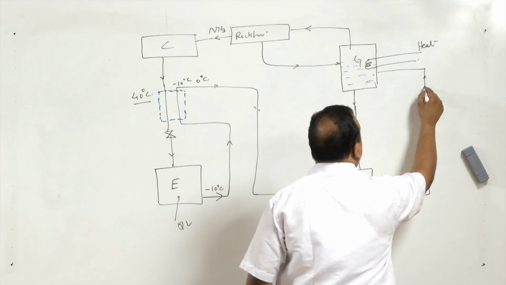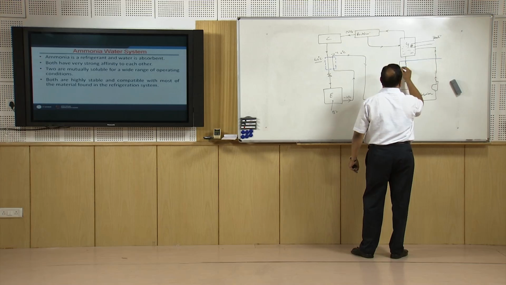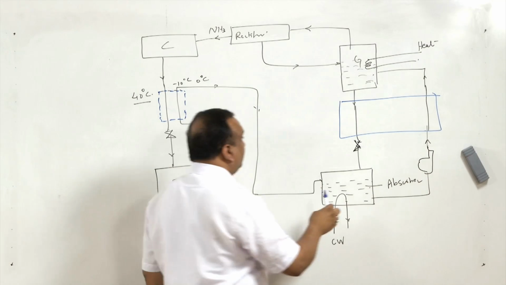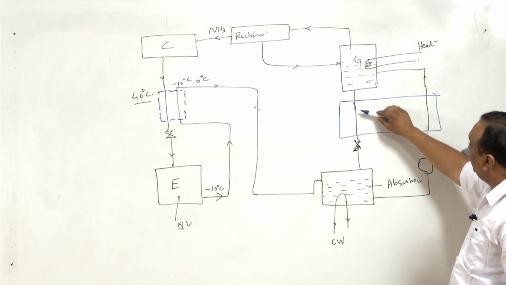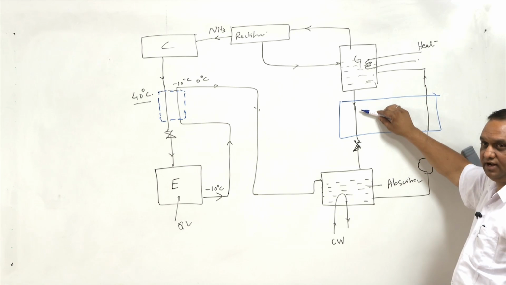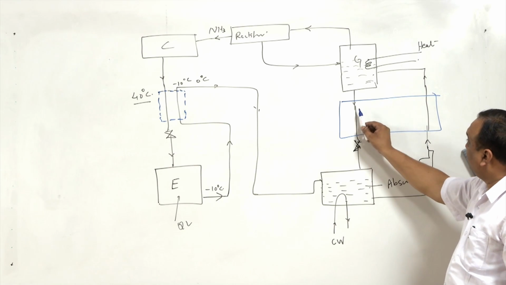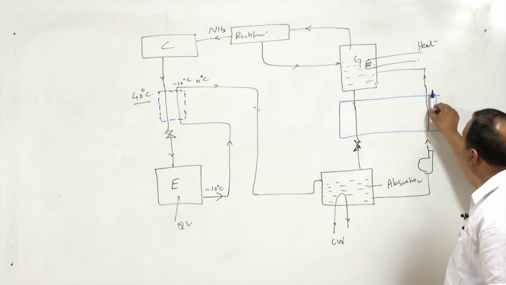A heat exchange can be arranged between these two fluids, because in the absorber in any case heat has to be removed. So, if heat is removed here, the load here will reduce. This heat, this high temperature fluid, this heat will be used for heating this fluid.